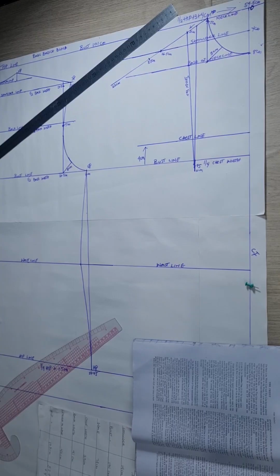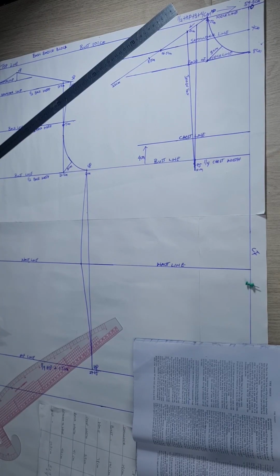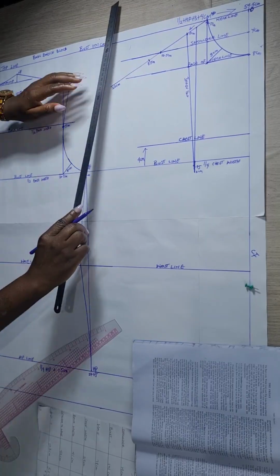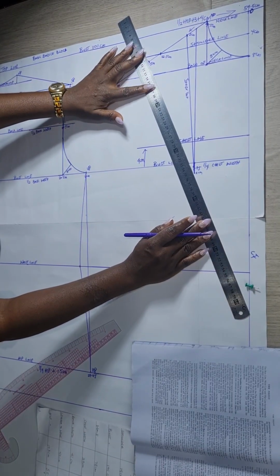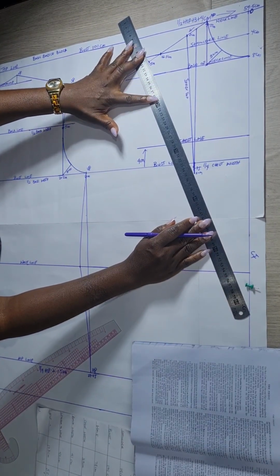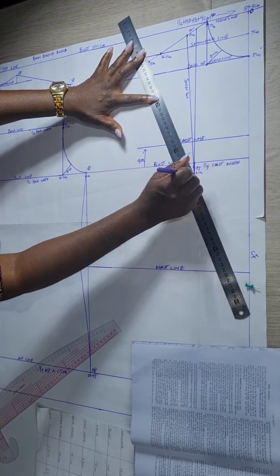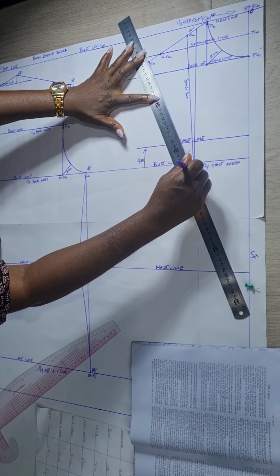And complete the dart by rolling the outer line to join the inner line 2 centimeters below the bust line. So I need to connect this point to this point. That's from my 8.5 centimeters to 2 centimeters below my bust line.